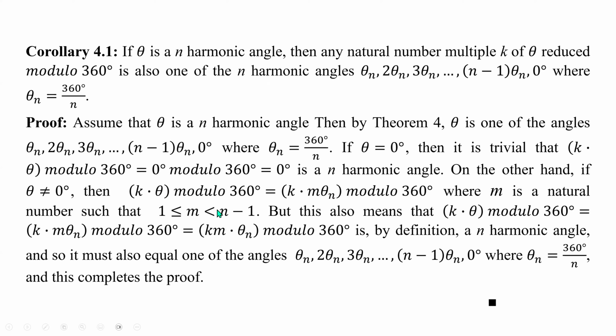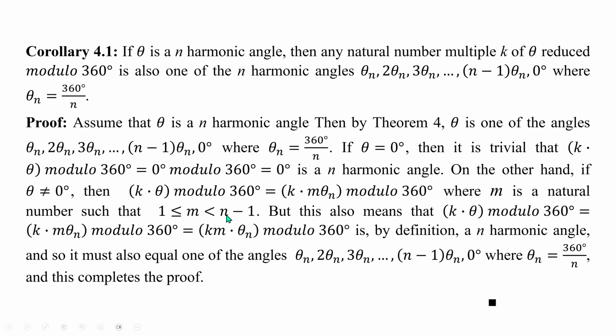If I choose m so that, let's see, it's in this range, then this m times theta sub n comes out equal to something less than 360 degrees. Okay, so we can just do k times this harmonic angle, and that is going to do it for us.